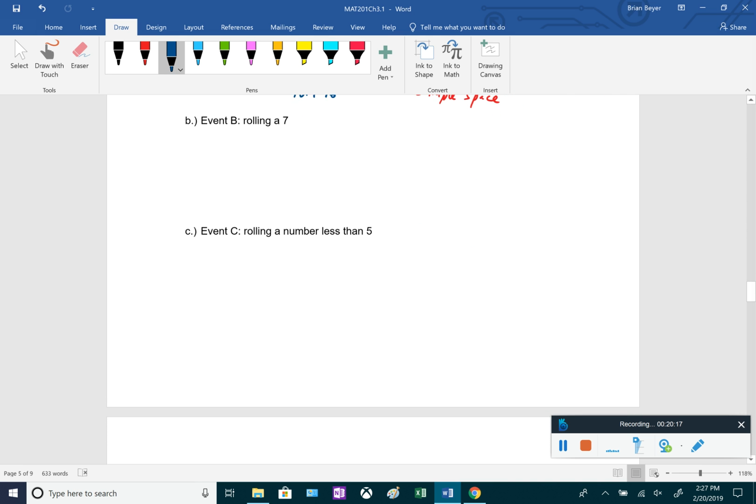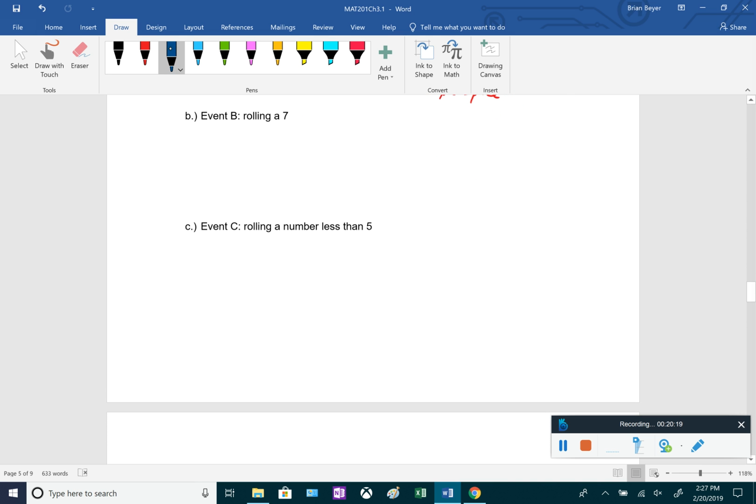So for the next one, for rolling a 7, we want the probability of event B happening, which is rolling a 7. For event B, there are actually no 7s on the 6-sided die. The way you denote that for a set is the empty set, which is just the braces with nothing in it.